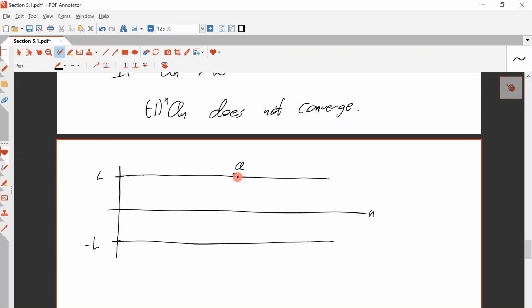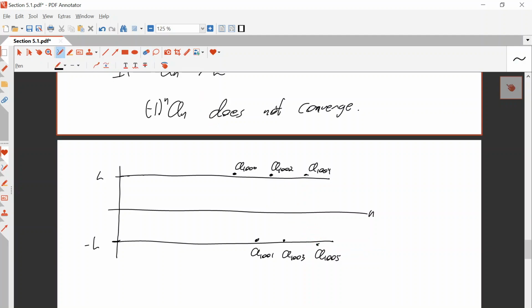So like a_1000 is going to be around that limit L. a_1001 is going to be around the negative of L. a_1002, a_1003, a_1004, a_1005. Because a_n converges to L, the sequence eventually gets stuck near the horizontal line corresponding to L. But when I flip-flop it, positive, negative, the even terms will get stuck near the L, and the odd terms will get stuck near the negative L.